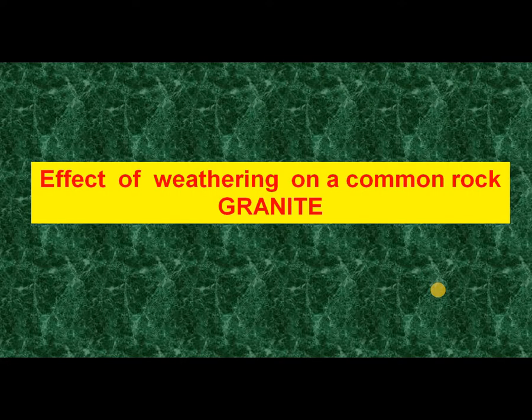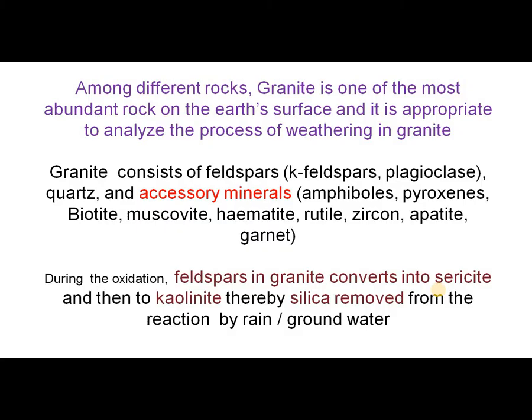If we consider the effect of weathering on a common rock, granite, what happens? Let us see the effect of weathering on the usually available rock granite. Among the different types of rocks, granite is the most abundant rock on the surface, and hence granite is considered to analyze the process of weathering and its effect.